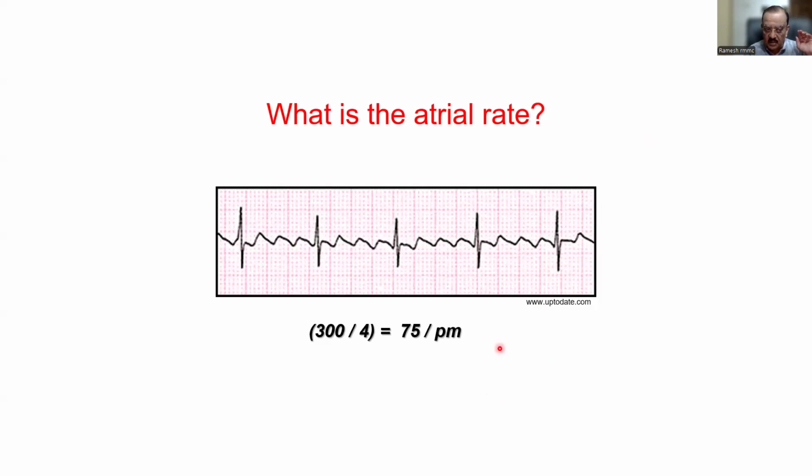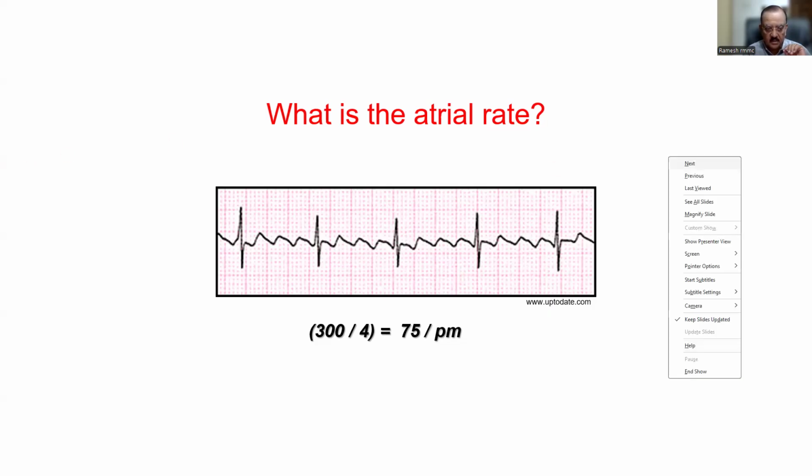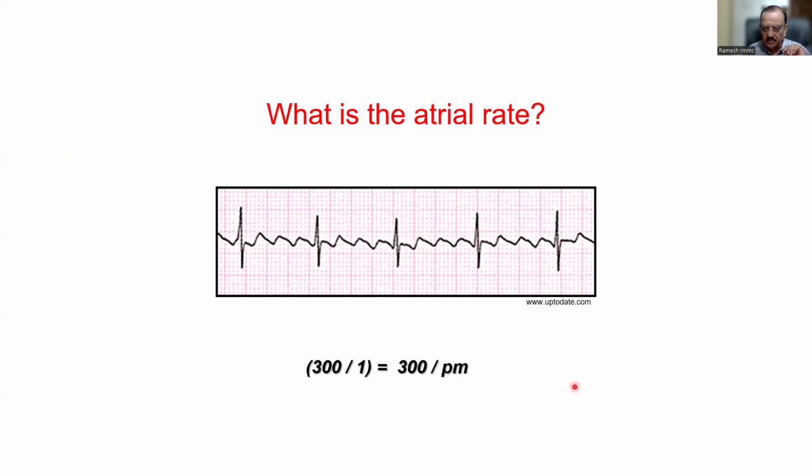But if you see multiple P waves, more than one P wave between two R waves, then you must calculate separately your ventricular rate and the atrial rate. That will give very valuable information about our AV blocks. So here the ventricular rate is 75, atrial rate is 300 per minute.